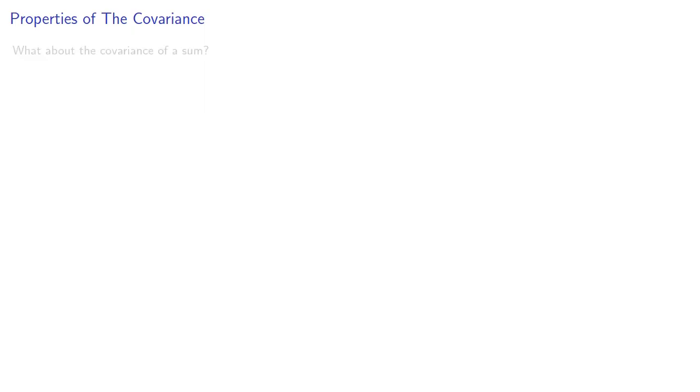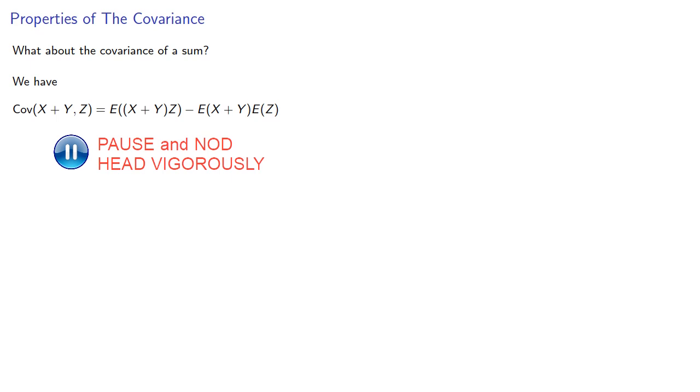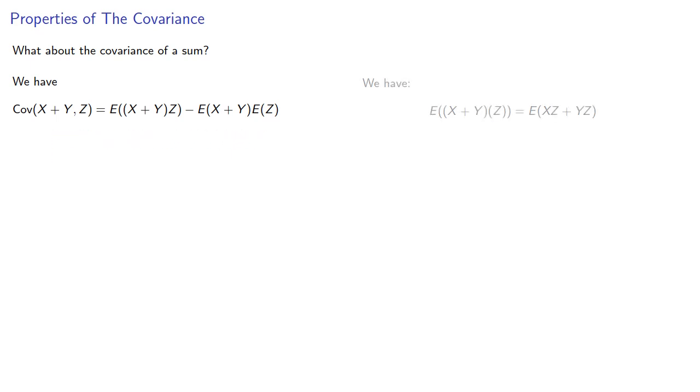So let's consider the covariance of a sum. We have the covariance of X plus Y, Z. By our computing formula, that's the expected value of the product minus the product of the expected values. We can expand that expression, and because expected value is a linear operator, the expected value of a sum is the sum of the expected values.